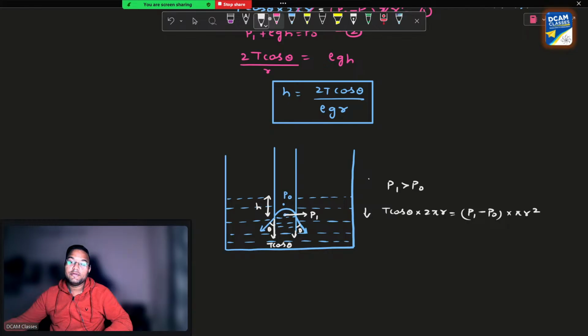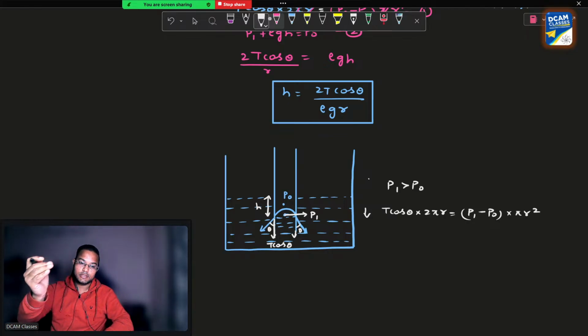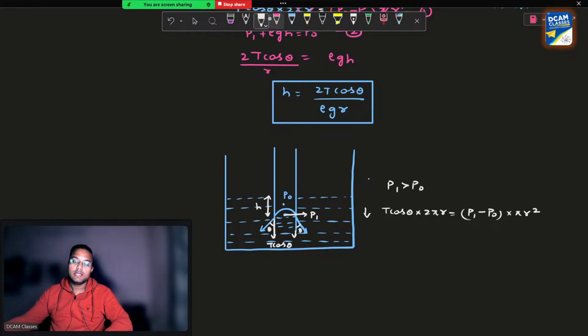Now in this case P1 should be greater than P naught because this is curved like this, and for this to maintain, the pressure P1 should be higher than P naught, because here the pressure will be P naught plus rho gh, which should be equal to P1.